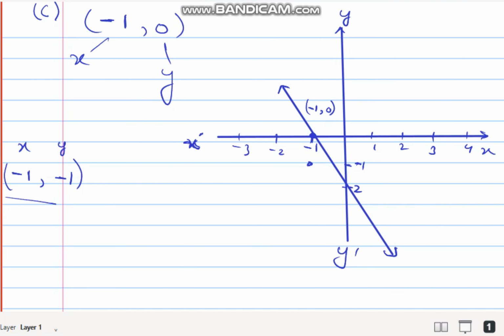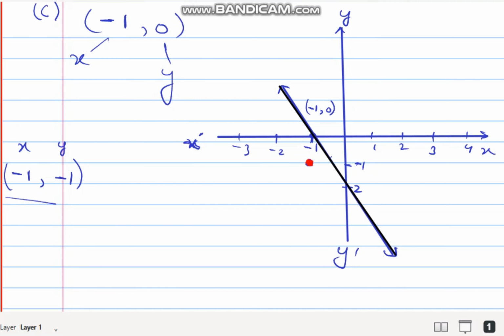Let me draw it again. Now we can easily see that the line is this. Let me also redraw it with the graph pen. The line is here and the point is here, so it is very visible to us that this point does not lie on the line.